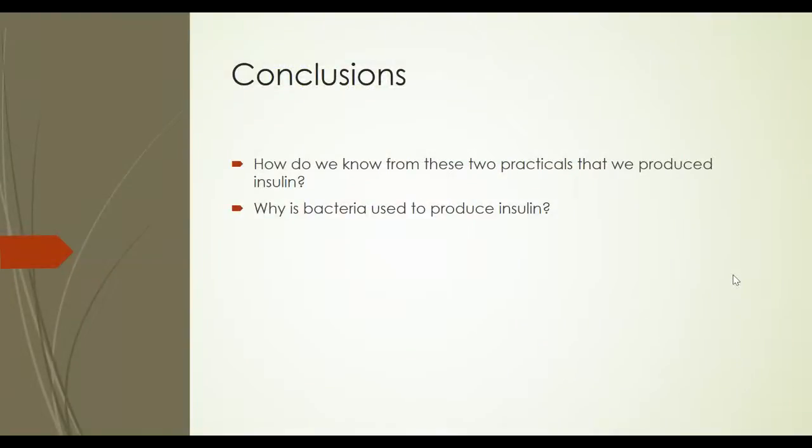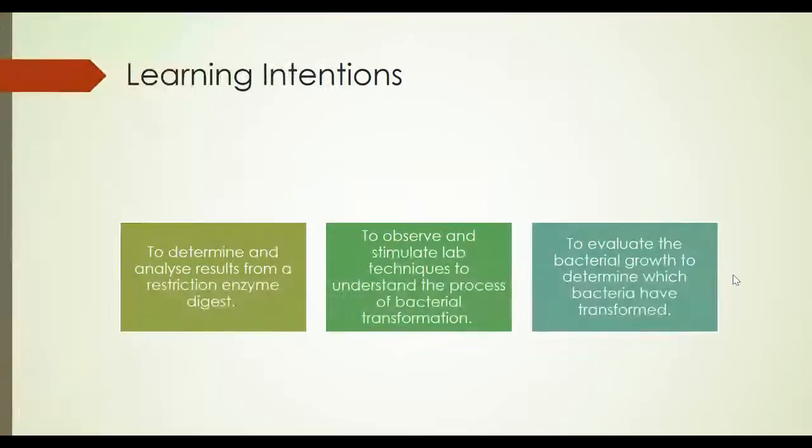The last thing is once you've done all your questions, you've got your conclusion, and we want you to write basically how these 2 practicals, from your knowledge, produce insulin, and why bacteria is used to produce insulin. So this is just some questions to get you starting to think about your conclusion.